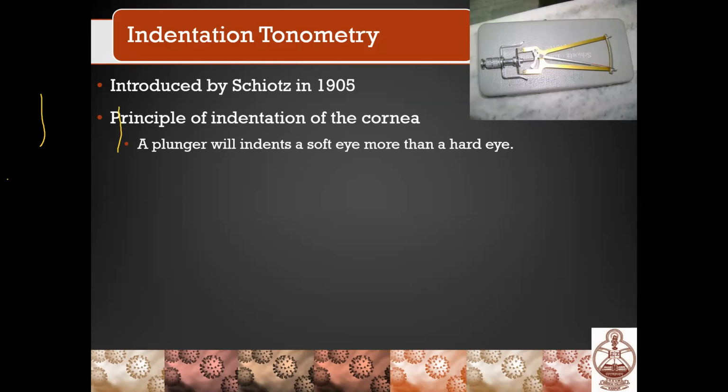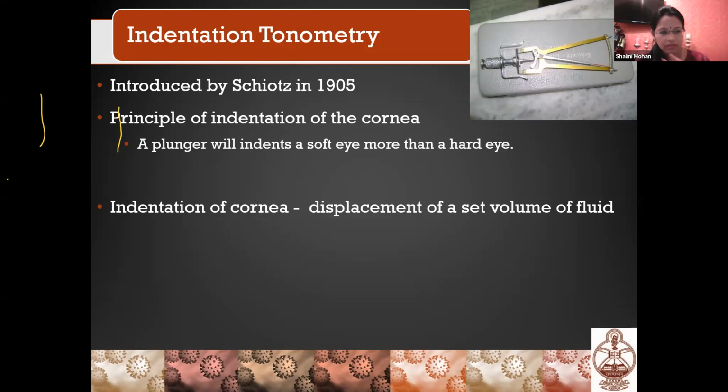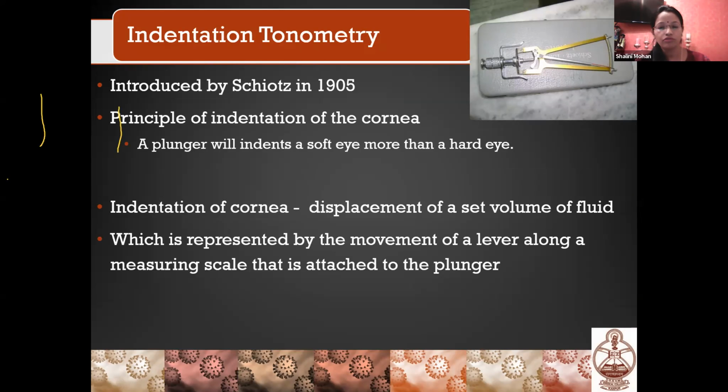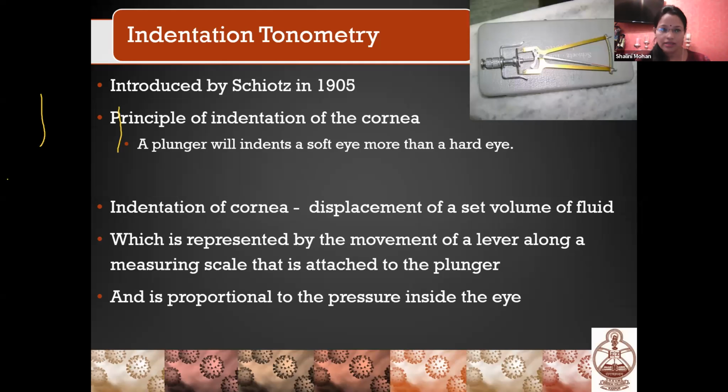The principle of indentation tonometry says that a plunger will indent a soft eye more than a hard eye, as we discussed in previous slides also. Because this displacement of volume of fluid is quite a lot, there can be problems in measurements with Schiotz tonometry. Here it is represented by the movement of a lever, which I will show you further, and is proportional to the pressure inside the eye.